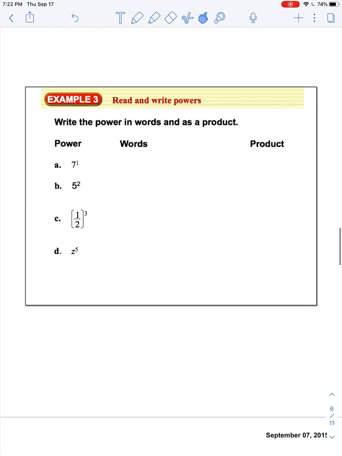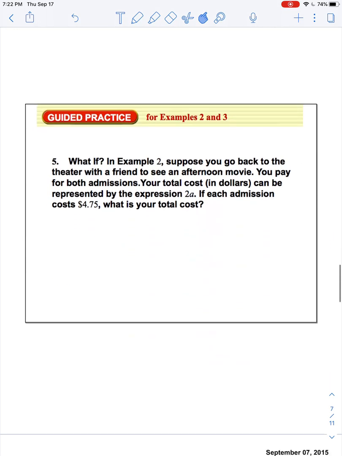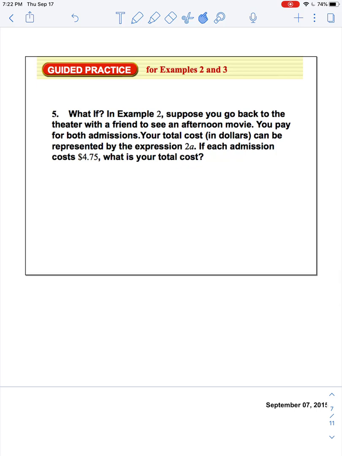Alrighty, I'm going to skip this and come back to it. I want you to try this guided practice right here. If you're using Notability, you can just follow with me. If you're using printed paper, just skip the next example quick, because I want you to try this one on your own and then look and see how you're doing.